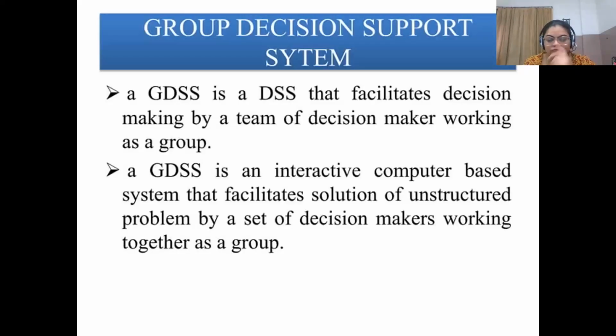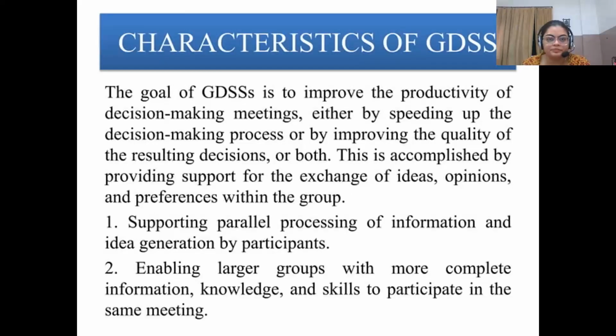So here we can say that this GDSS basically works with a group of decision makers, and it facilitates the solution of unstructured problems made by a team of decision makers working as a group.